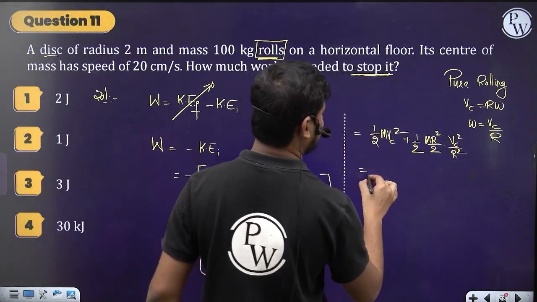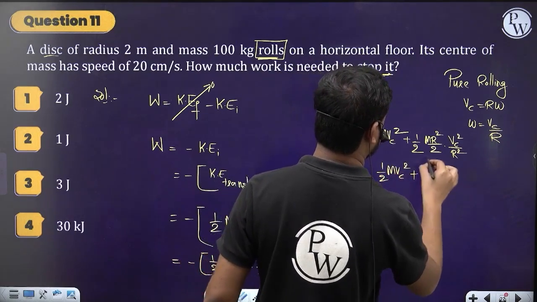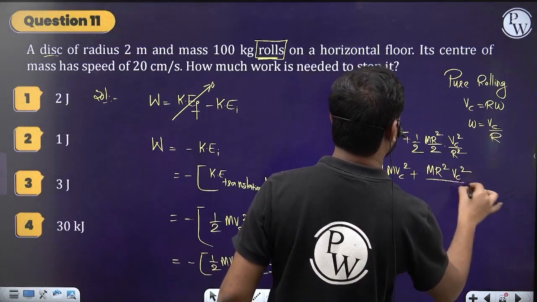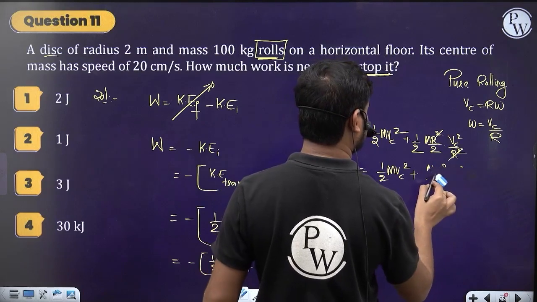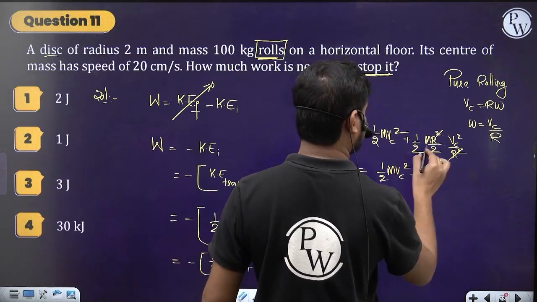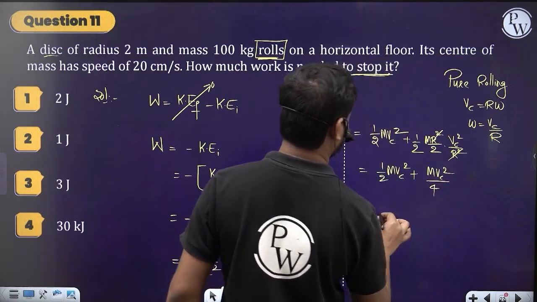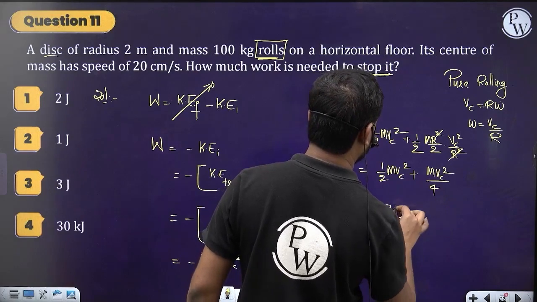So from here we get half m vc square plus m r square vc square by 4, where r square cancels. The 4 is the LCM, so it goes to 2 plus 1, which gives 3 m vc square by 4.